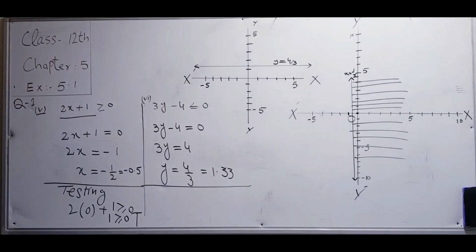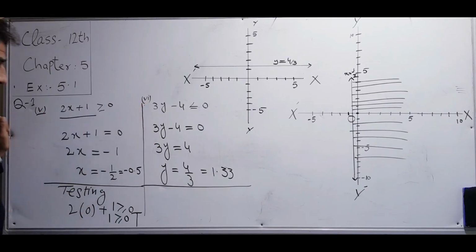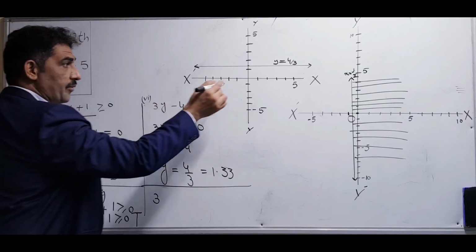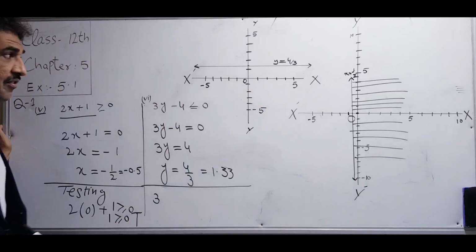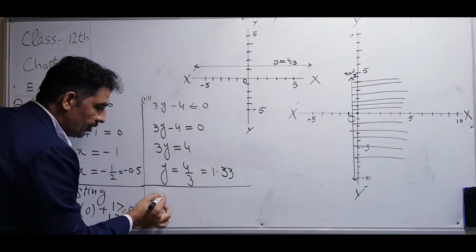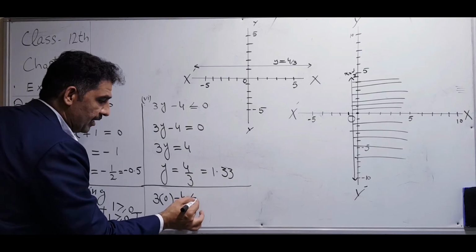When you do the testing, use this inequality again. So 3y, put the value of y of the origin. Origin we will use as the testing point. What is the value of y at the origin? 0. Good. So 3 into 0 minus 4 less than or equal to 0.